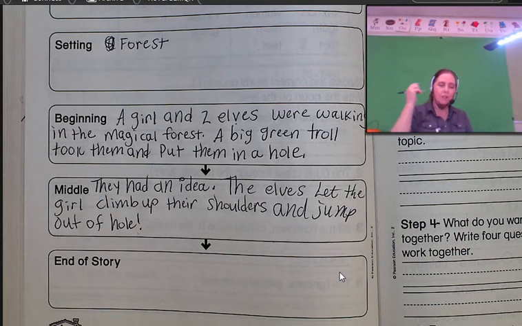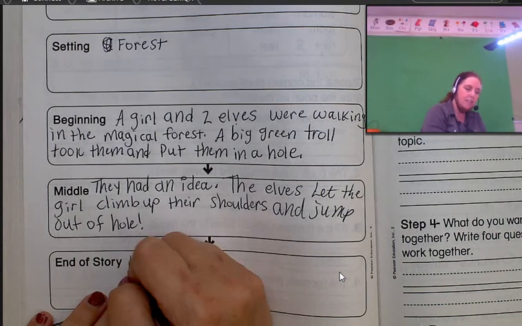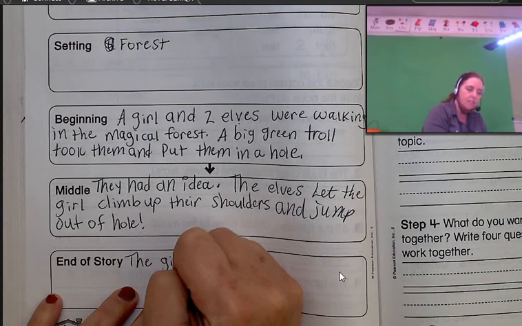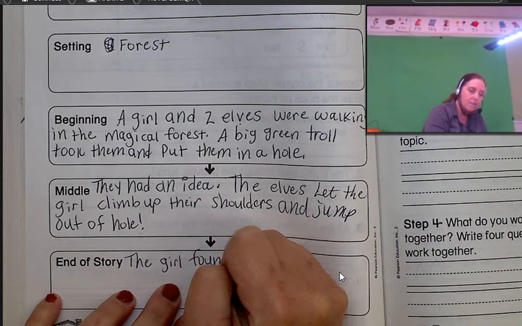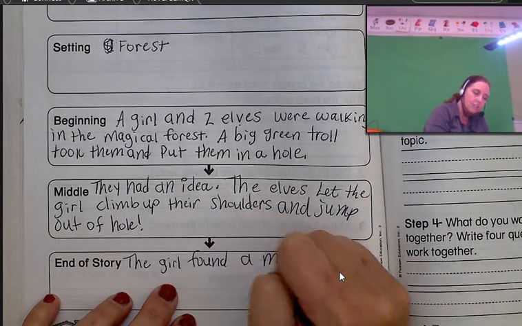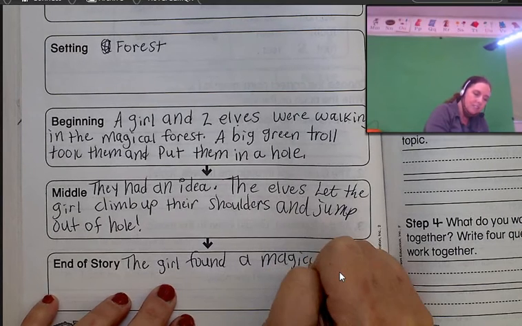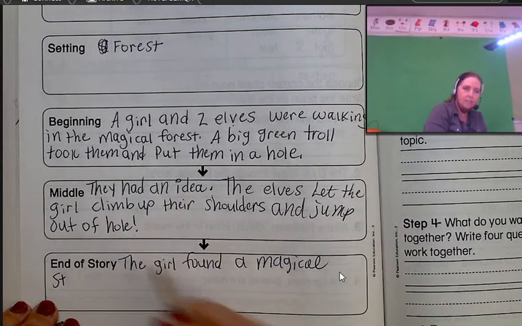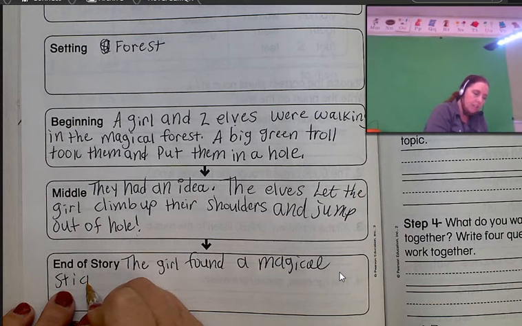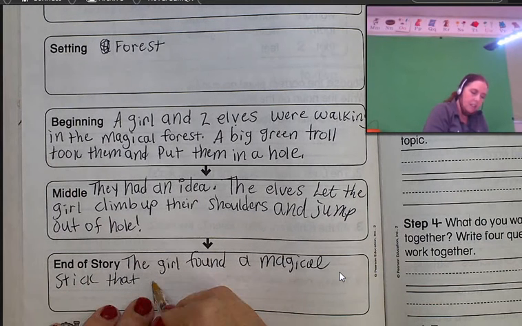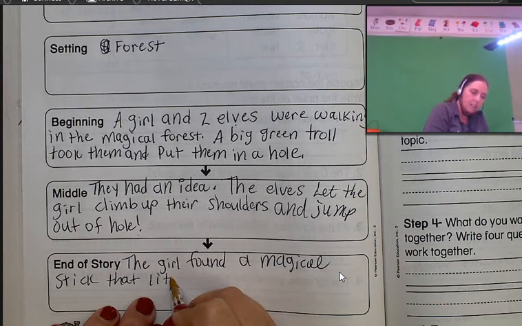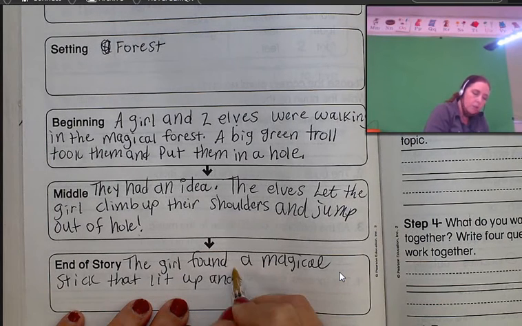So I can say that the girl found a magical stick that lit up and grew.